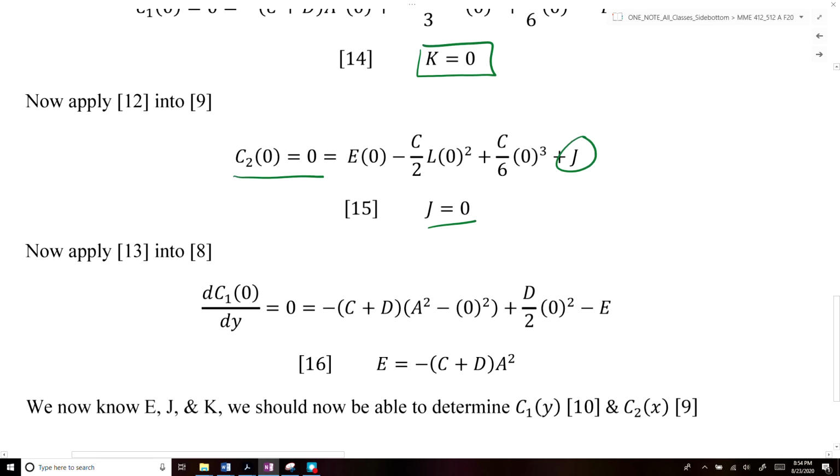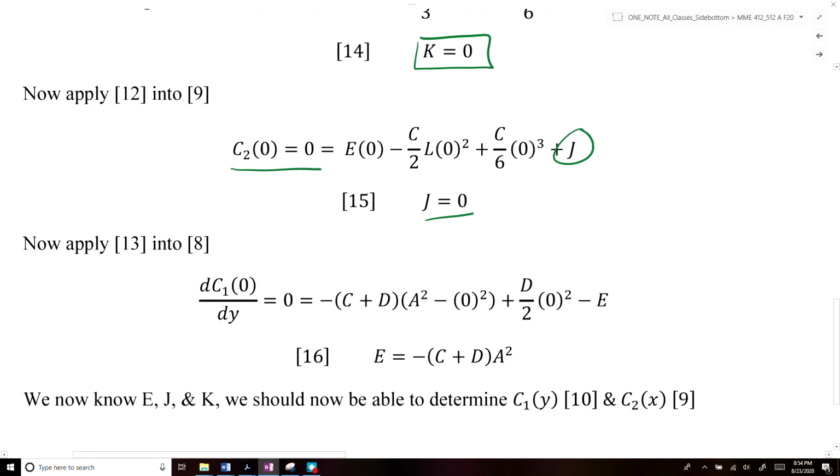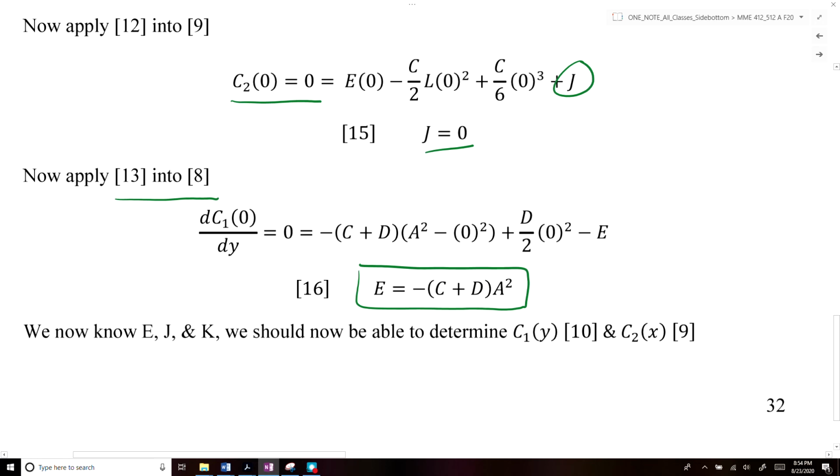And then our last one, in order to solve for E, we have to apply equation 13 into equation 8. If we do all that, we can solve for E as being equal to this term here. All right? So we now have E, J, and K.